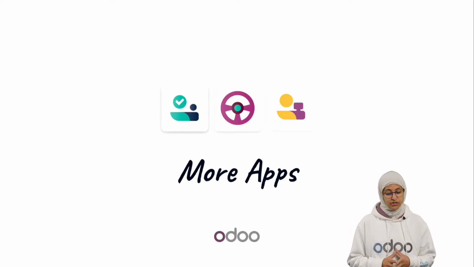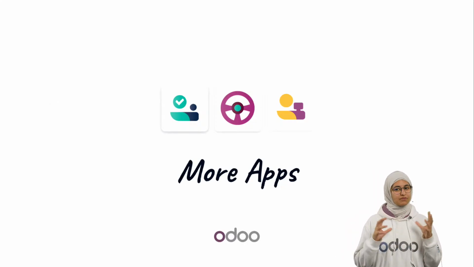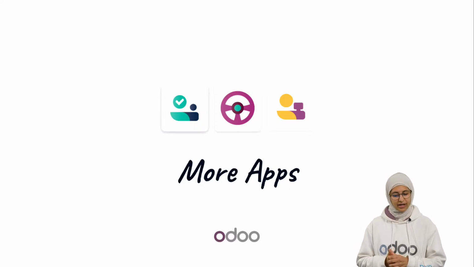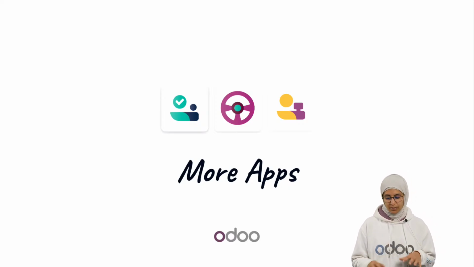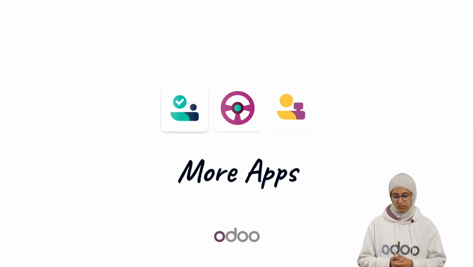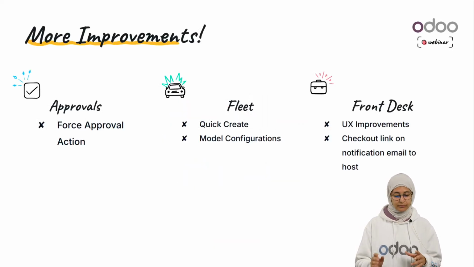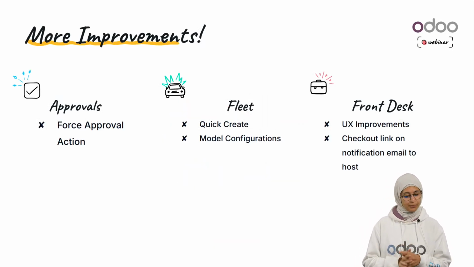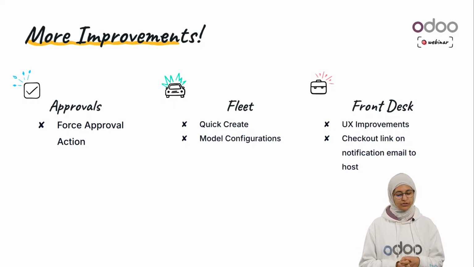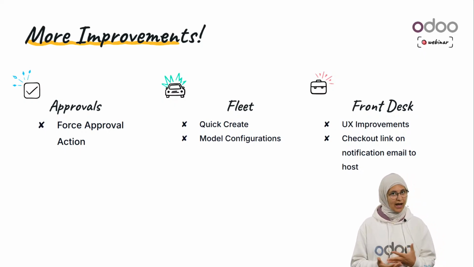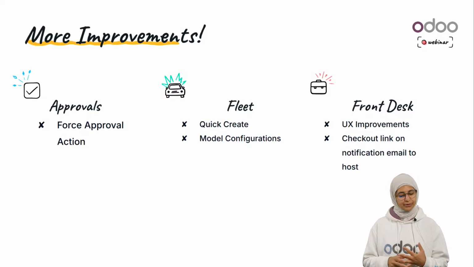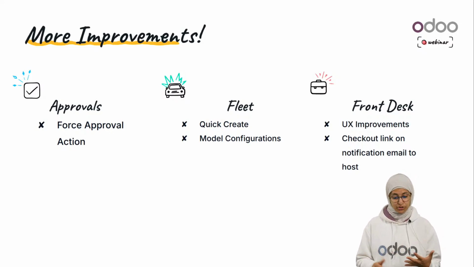Now we're getting to the part where we talk about a few different apps altogether. Those are some of the apps that maybe are a little bit less well known. For approvals, we're going to talk about the force approval action, what it does, what the purpose of it is, and how to use it.